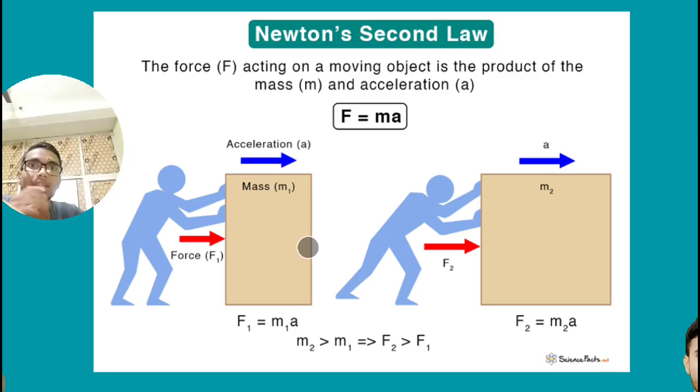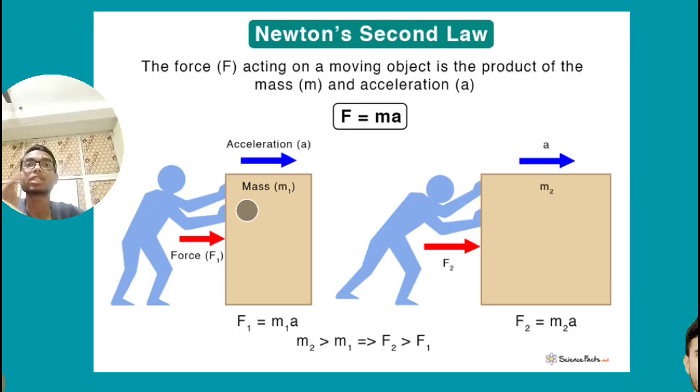This object will cover distance. It means we will get distance. Initially the speed of this object would be something, but the final velocity of this object would be something else. That's why we are taking acceleration.